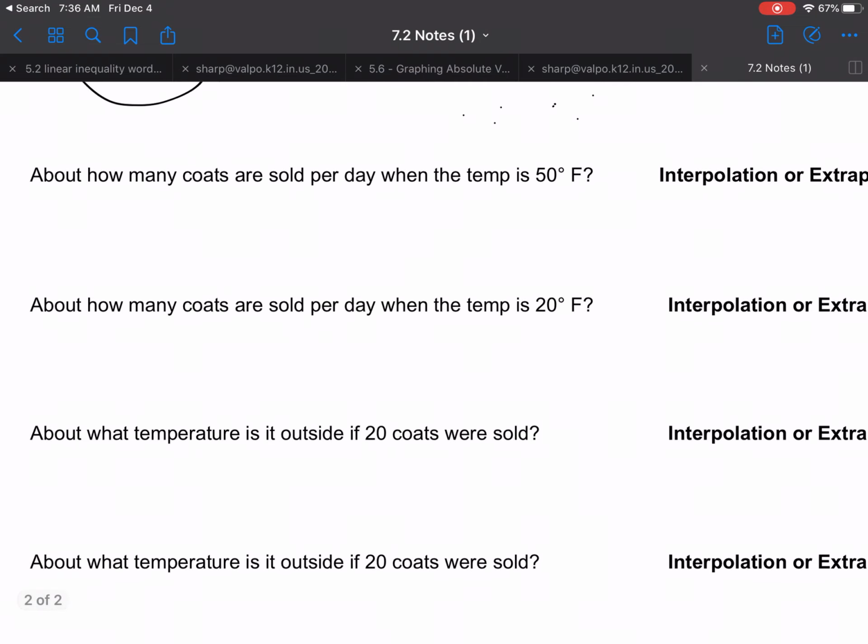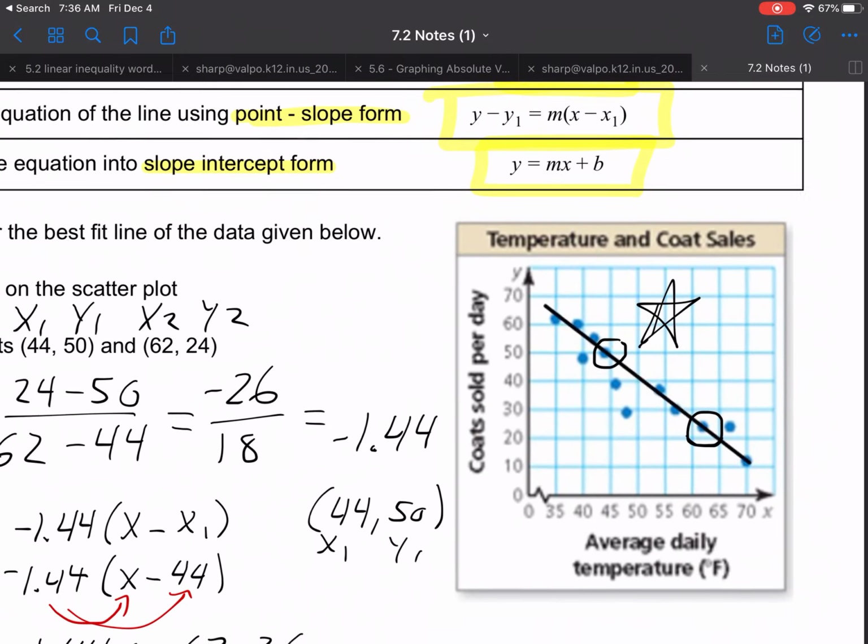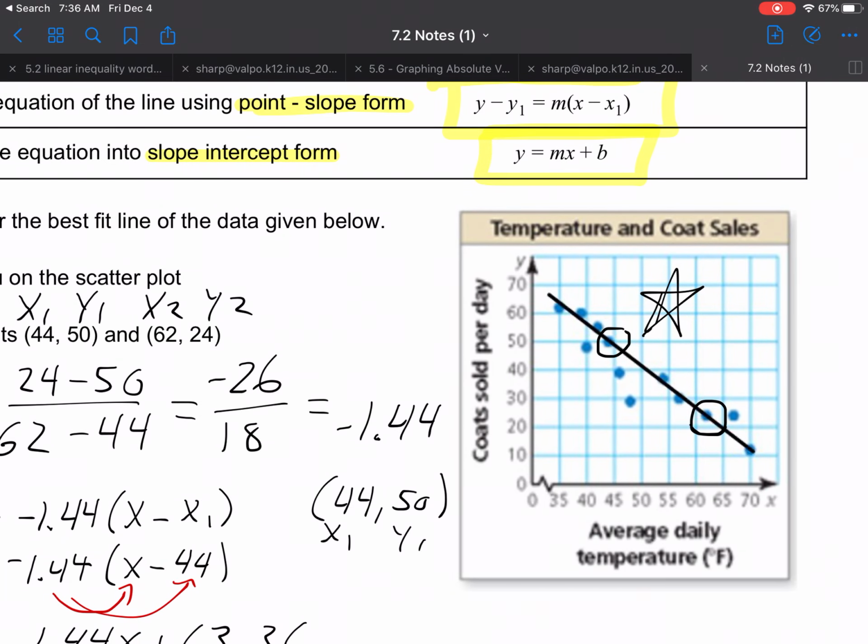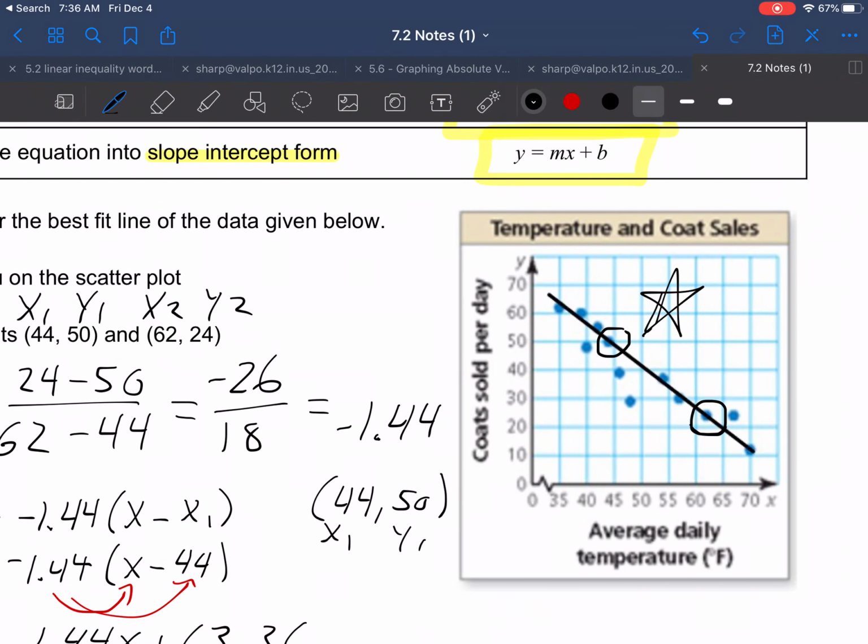And it might say interpolation or extrapolation. We're going to have to determine whether the data they're asking us about is inside of our best fit line, or whether it's outside of our best fit line. So it says, about how many coats are sold per day when the temperature is 50 degrees. So go back up to your graph, find 50 degrees, take like an estimation.